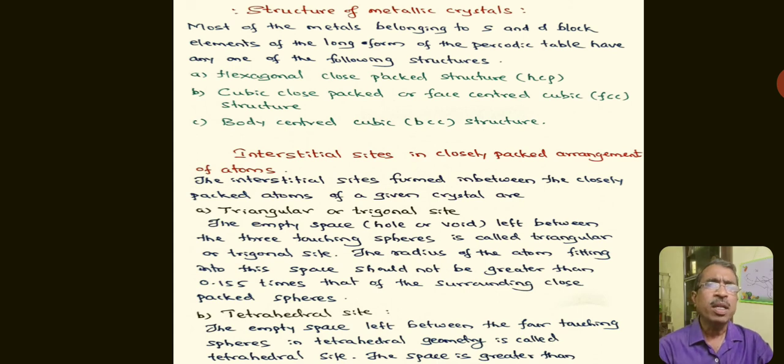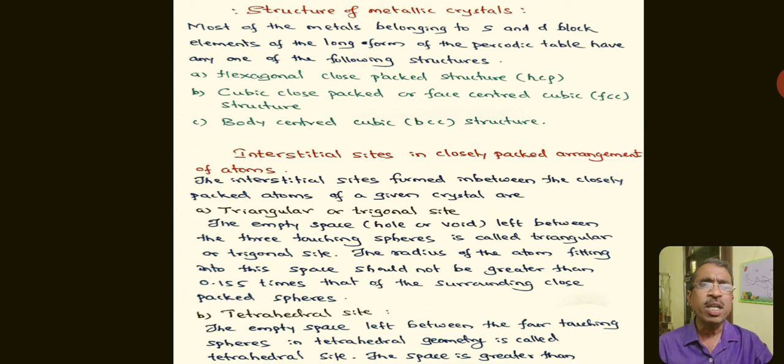Now coming to the interstitial sites in close packed arrangement. As I have said, between the atoms we have some space. This space is called interstitial space, or it is also called void volume.